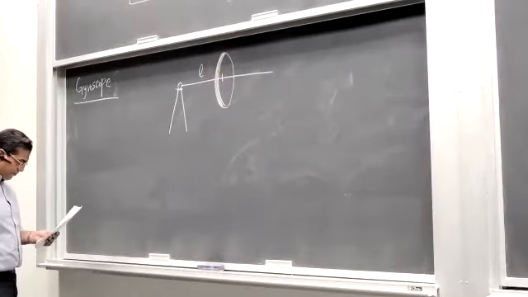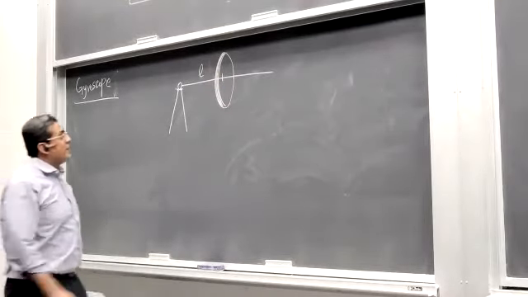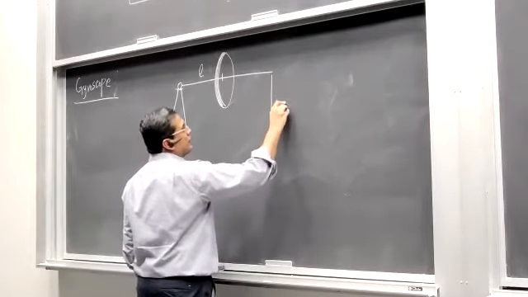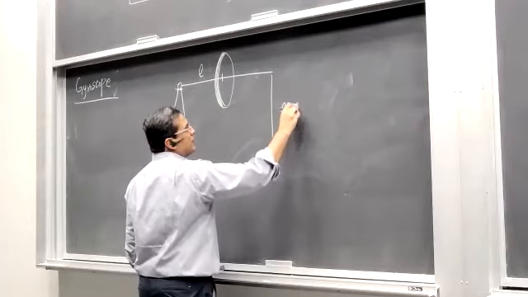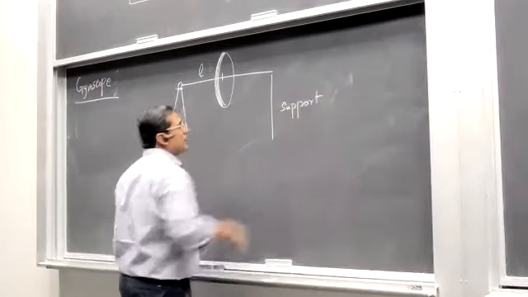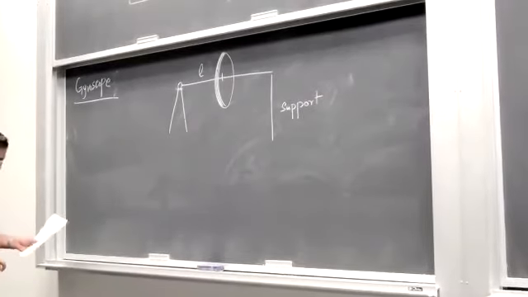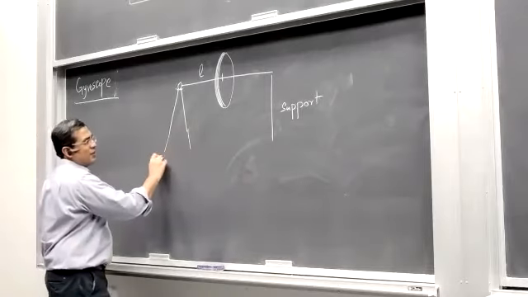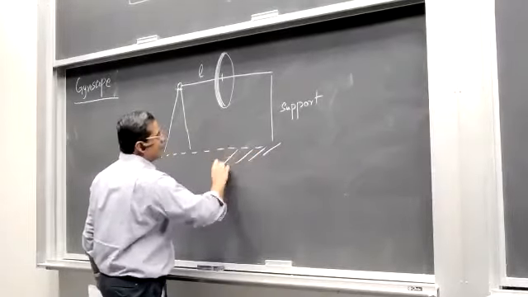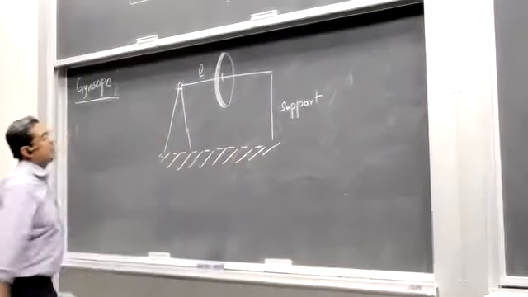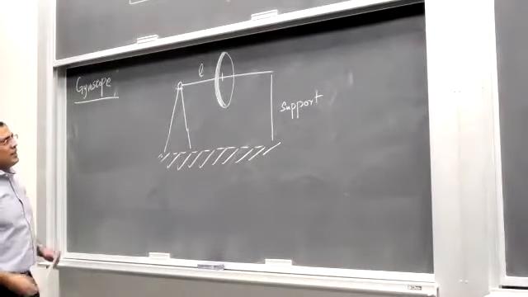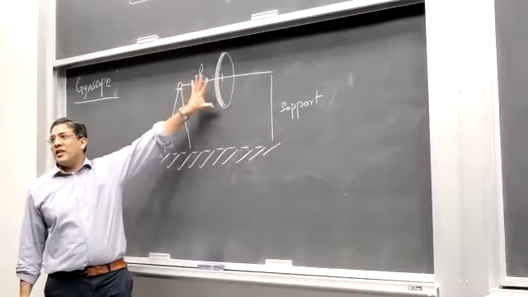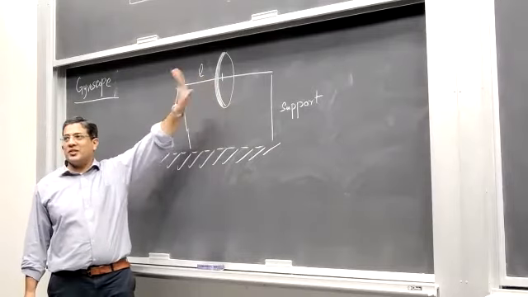Here we have a support stick. Now, let's say that this is our ground. The wheel can rotate, but it's not rotating. Everything is here, nothing moving.